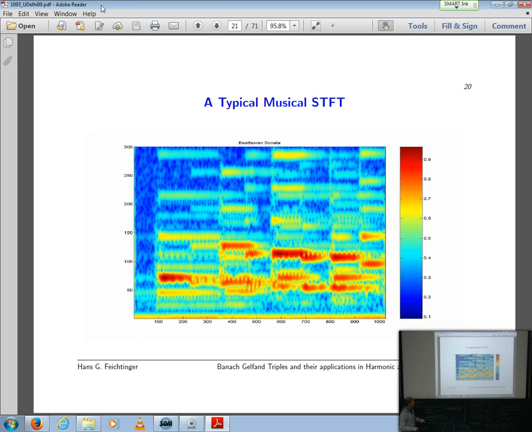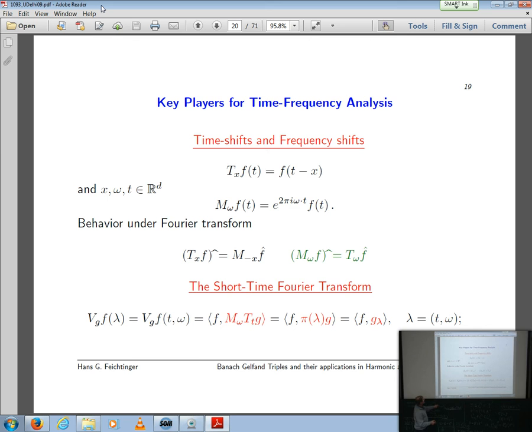Then you can produce a function on the group level: you fix a pair of elements in the Hilbert space, you let the group act on one of them and see how it changes. Typically this will move things around the whole group, and in the wavelet domain it's the upper half plane or the right half plane, depending on your viewpoint. Here in our case it's the time-frequency plane. So I'm asking at which time and which frequency do we have a lot of energy? In that sense it's really very close to a musical score.